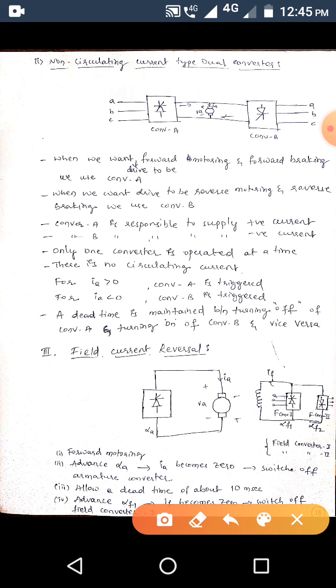Alpha F1 is the triggering angle of field converter 1, and alpha F2 is the field triggering angle of converter 2.